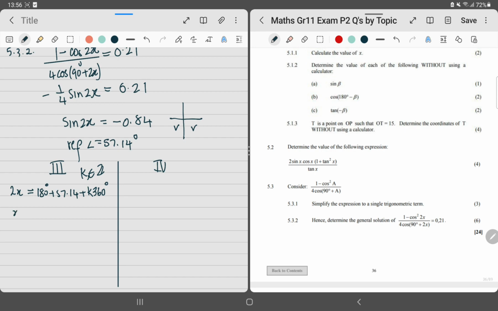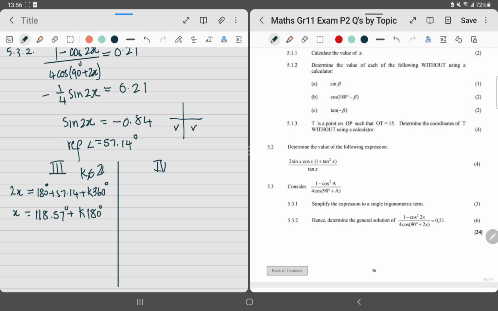So x is equal to 180 plus 57.14, all that divided by 2. So I am getting 118.57 degrees plus k times 180 degrees.